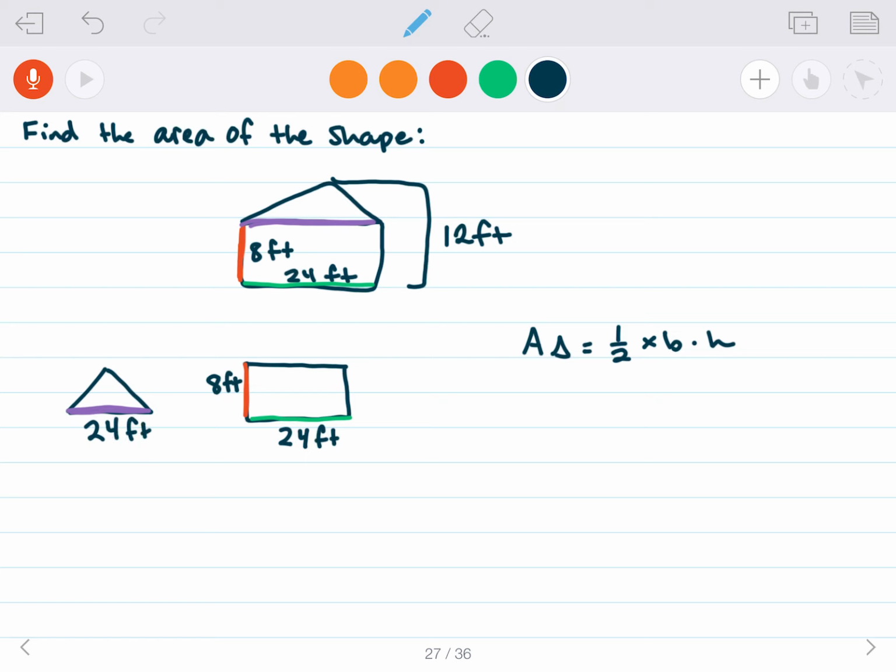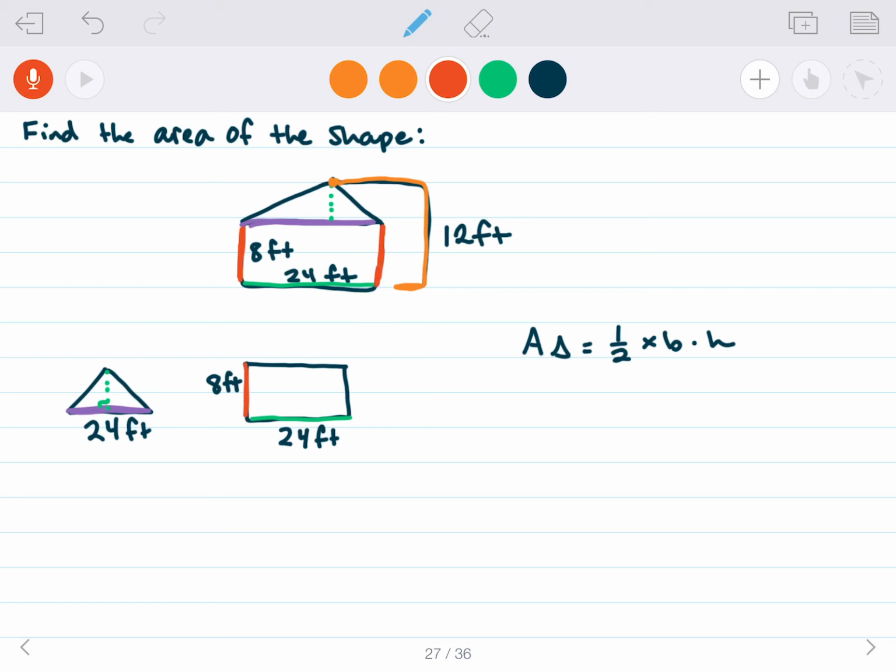Now what about the height? It's not immediately obvious what the height is because it's not explicitly telling us. But what we are told is that the height from the very tippy top of the triangle to the very bottom of the house is 12 feet. And we also know the height of this little piece right here.